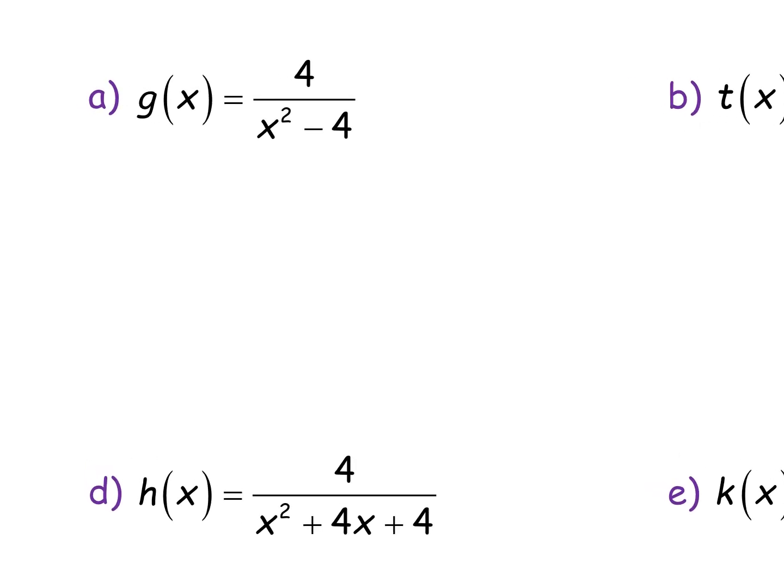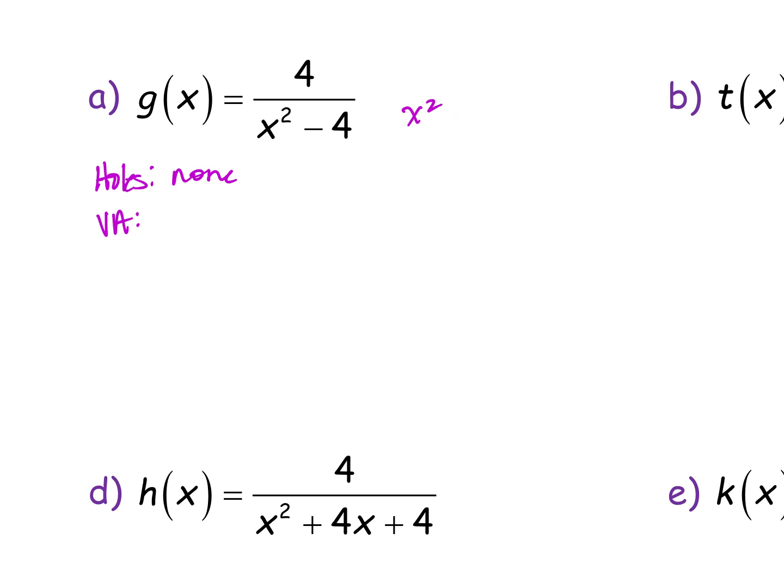So, holes. There are none because it's already simplified. So, none. And then my vertical asymptote, x squared equals negative... oh, so sorry.